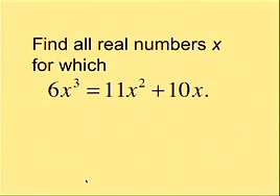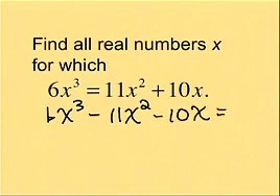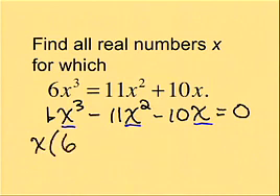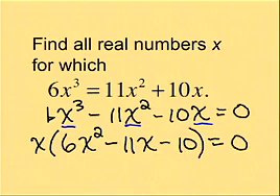The first thing we're going to want to do is rewrite this as 6x cubed minus 11x squared minus 10x equals 0. And we should now see that there's a factor of x in each of these, so I can factor that out. I am left inside the parentheses with 6x squared minus 11x minus 10, and that all equals 0.